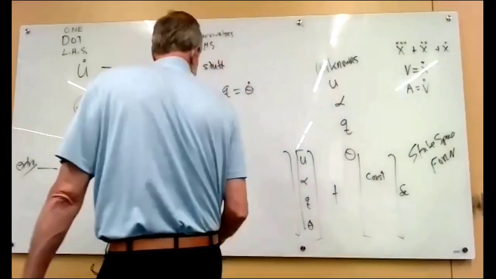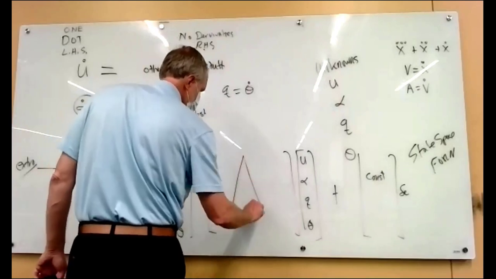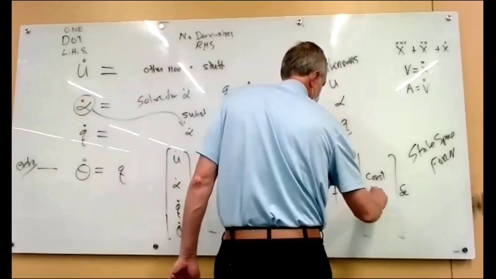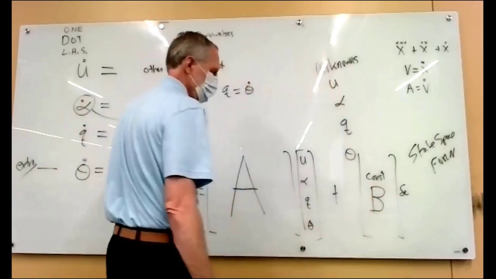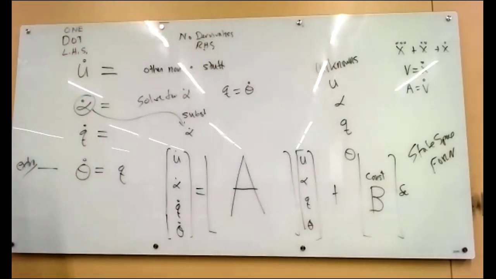And because this is such a standard form, people call this the A matrix, and they call this the B matrix. And you can go into MATLAB and tell it, my A matrix is that, and my B matrix is that, and it will do everything else for you, because it already has the solutions to this standard form built into MATLAB.